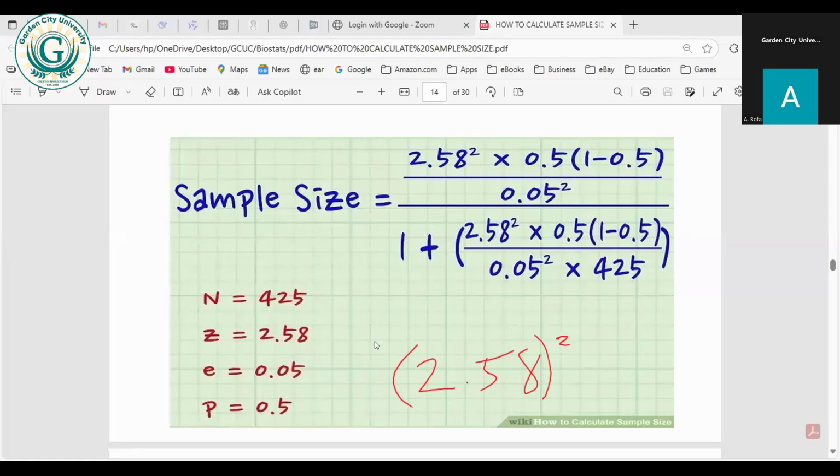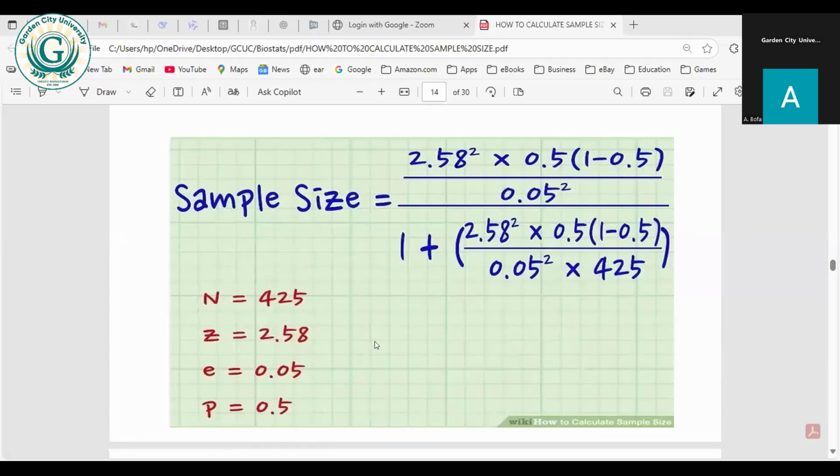That's the first option. The next option is, because any number squared is the number multiplied by itself, 2.58 times 2.58 will give me 2.58 squared. As I said, don't try to feed everything into the calculator.